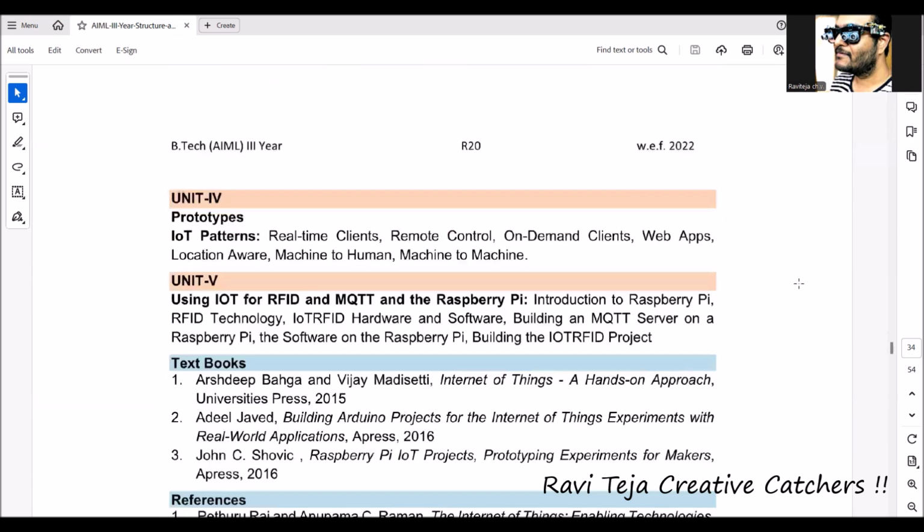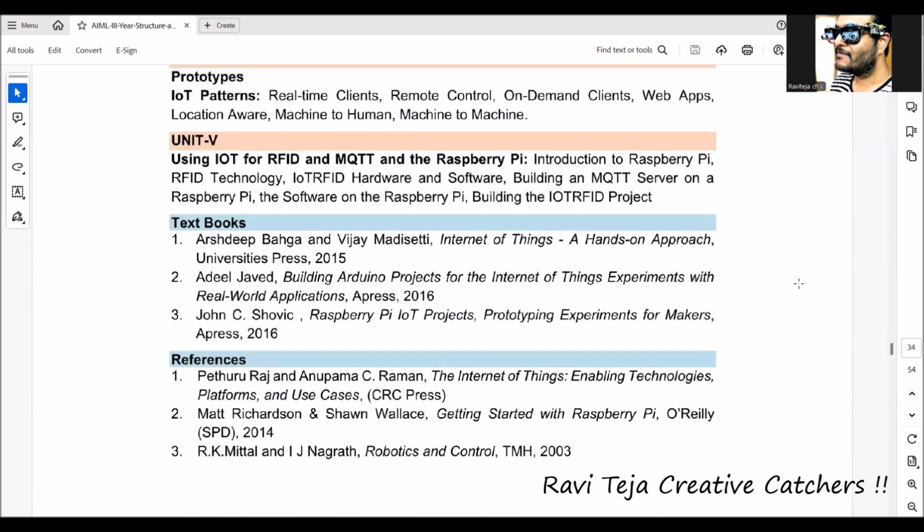And coming to unit 4, it is completely related to how a machine communicates with a machine, how a machine communicates with a human. It is based on server and client patterns, and how IoT works with respect to servers, clients, and machine to machine, machine to human, or human to machine. All these patterns can be studied in this particular prototype unit.